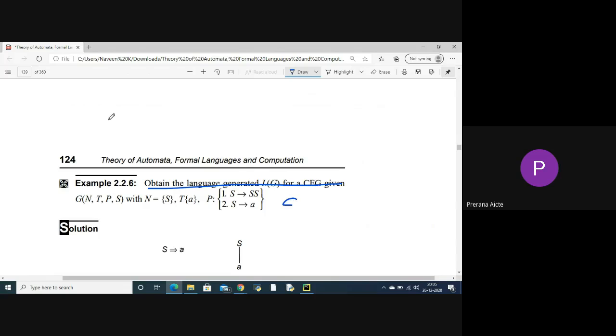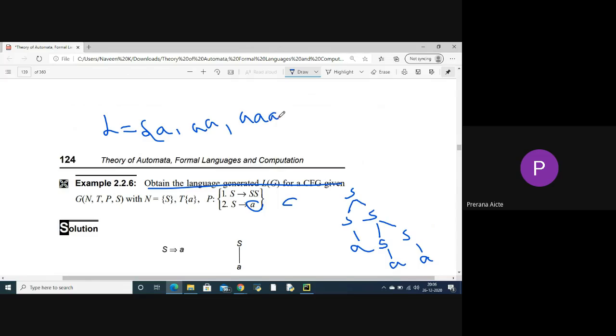So the first string, here L is equal to, the starting, it is A. Next string, S tends to double S, it is double A. Here, if I replace this with again double S, I have triple A. The same can be done on this side also.